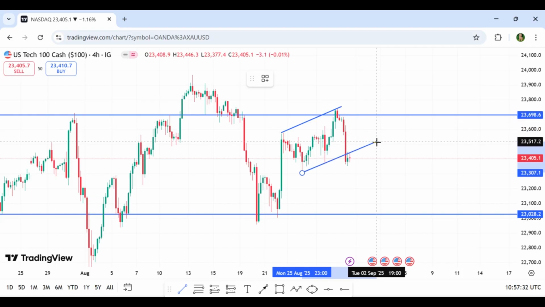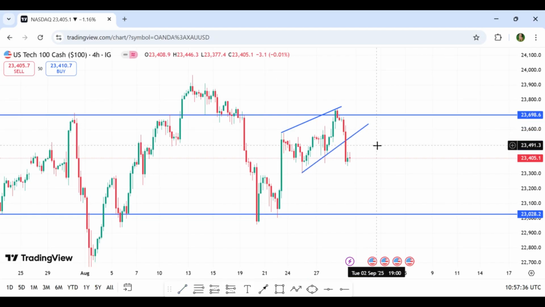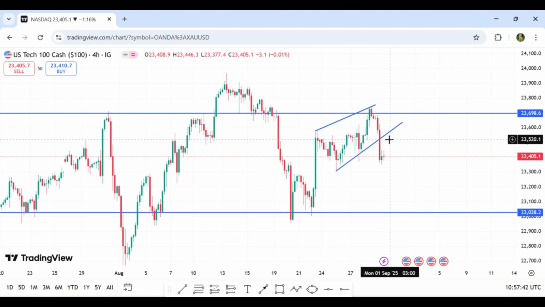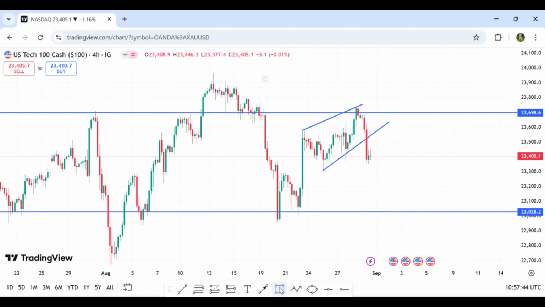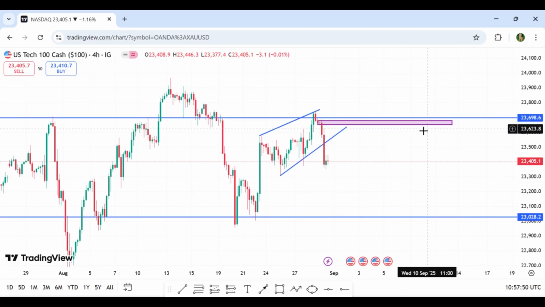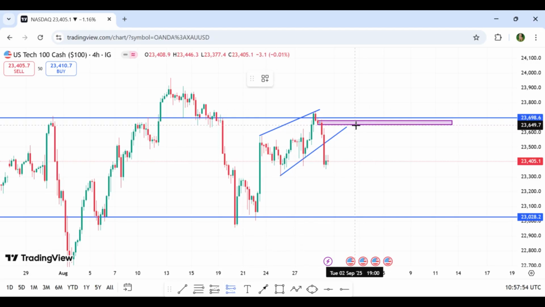We can see, you can extend your line all the way here, but we can have it at this point so that it touches the majority. So that is the pole, and then this is the flag. And then we have reaction occurring from that resistance line, and then we have this order block right here. So we might want to wait and take our sales from this order block right here.